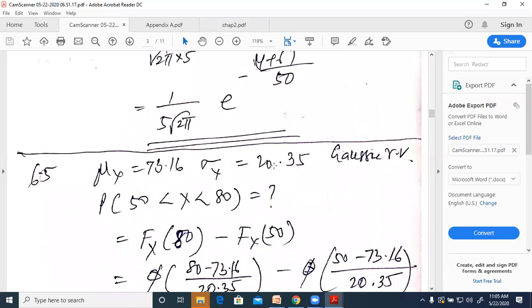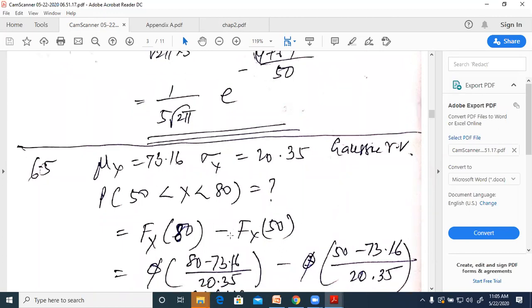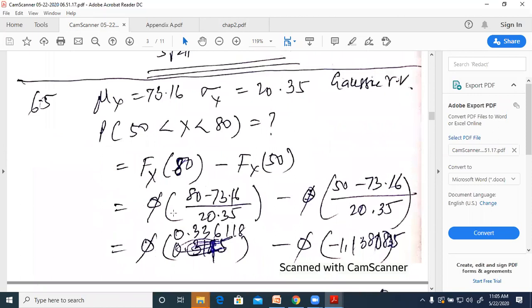So mu x is given, sigma x is given, Gaussian random variable is what is expected. P of 50 less than x less than 80 is what we need to find out, and this is nothing but F_X(80) minus F_X(50), the capital CDF. That is equal to phi of (80 minus the mean 73.16) divided by 20.35, minus phi of (50 minus 73.16) divided by 20.35.